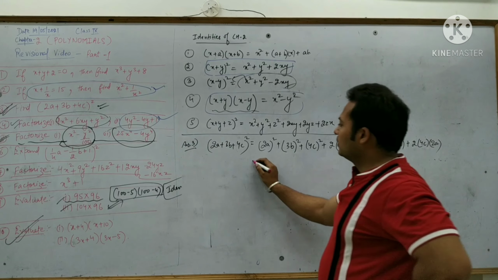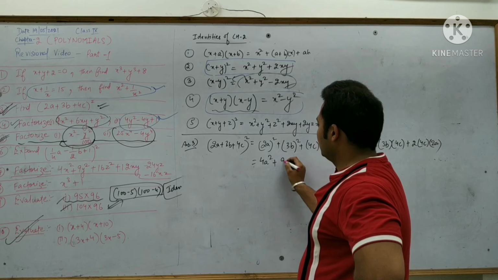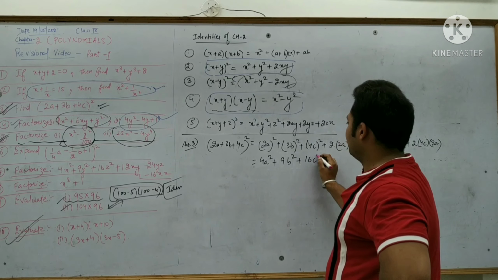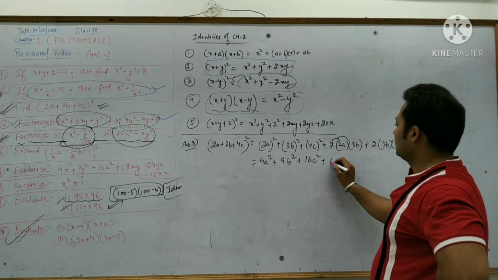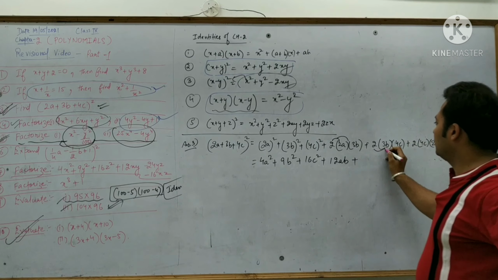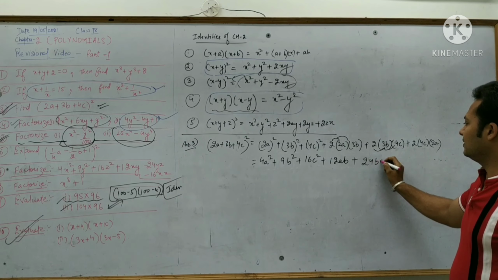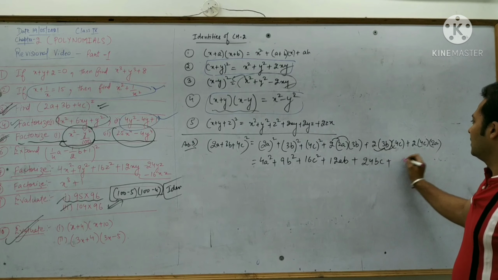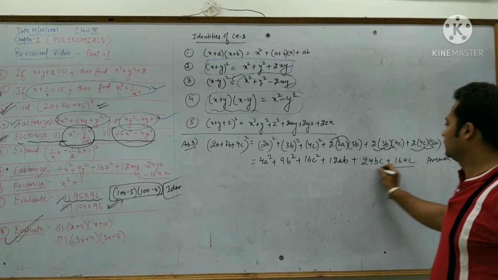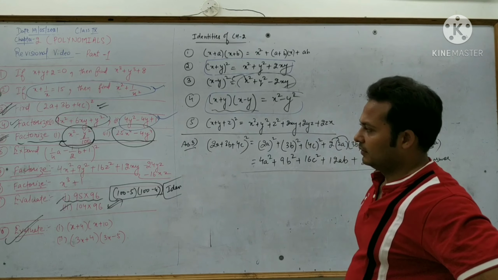Okay, so it is equals to 4a square plus 9b square plus 16c square plus 12ab plus 3 sixes 24 bc, 4 eights 16 ac. It is clear? Very simple it is.